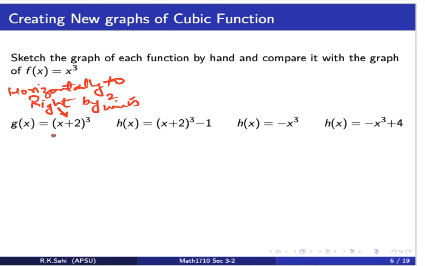Okay, so when we make that graph, we have the graph here. So x plus 2 means here. This is where the graph would be now. And then we just remember the shape won't change, just like this.